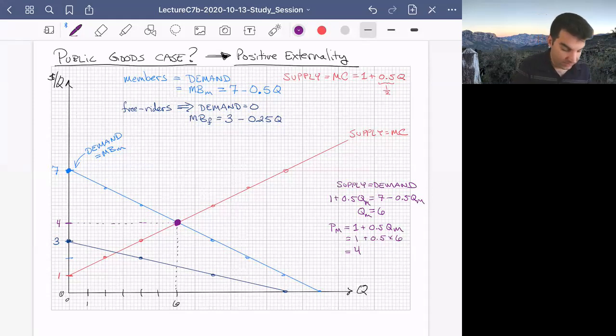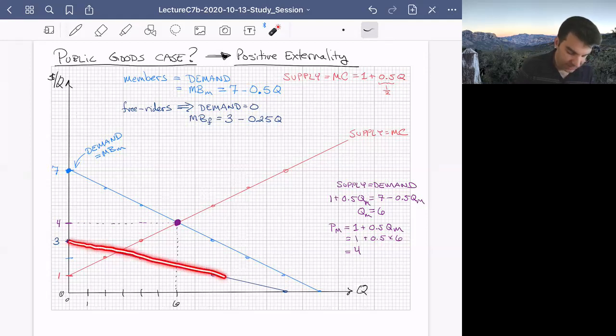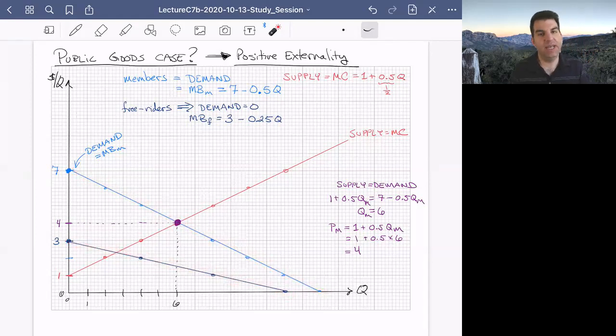Now the problem I'd be interested in you solving is to figure out what is the deadweight loss due to the fact that we've got members that are enjoying a benefit but not paying in. They are not contributing to the demand, but they are enjoying a benefit.